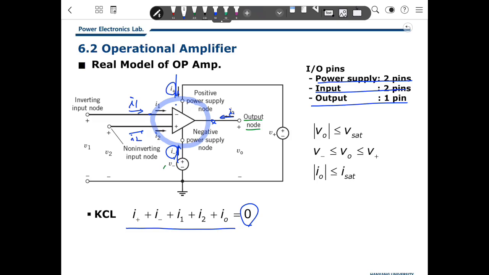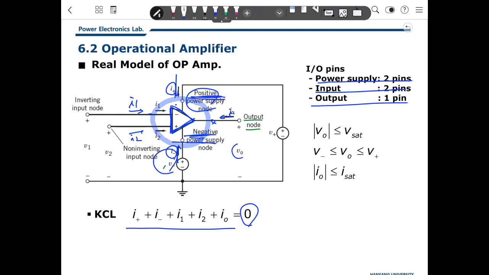In the real model of the op-amp, what is the meaning of the power supply here? That means this op-amp works in the range of this source, positive source and negative source.